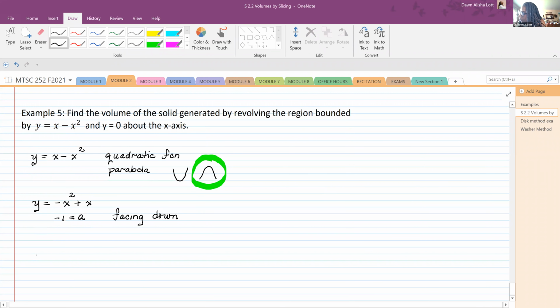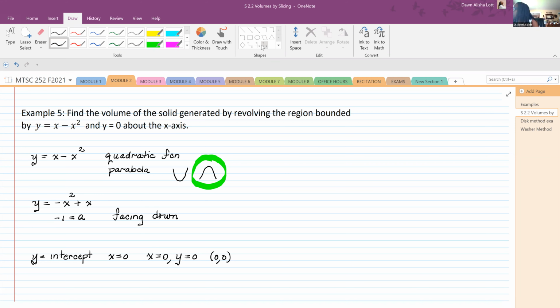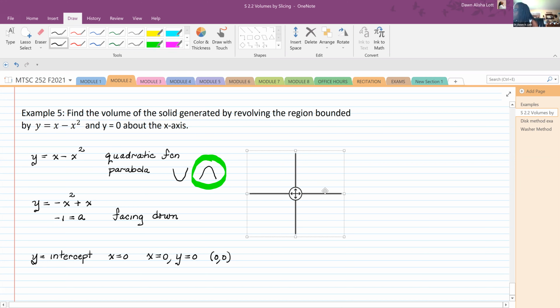So the y-intercept, that's when x is equal to 0. So when x is 0, what is y? Well, y is also 0. So I already have an intercept 0, 0. So I know I have 0, 0 as an intercept.